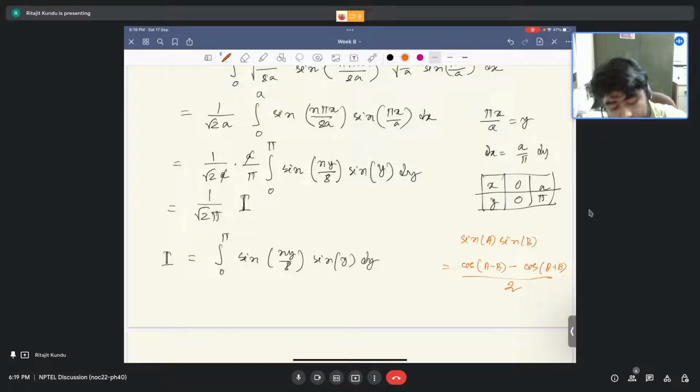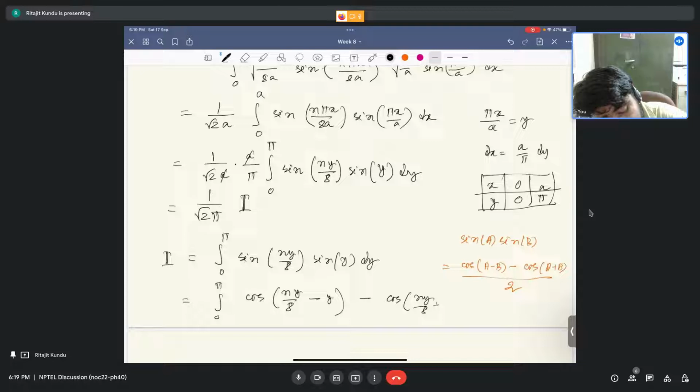So this whole expression becomes cosine of (n y by 8 minus y) minus cosine of (n y by 8 plus y), with a 1/2 outside.